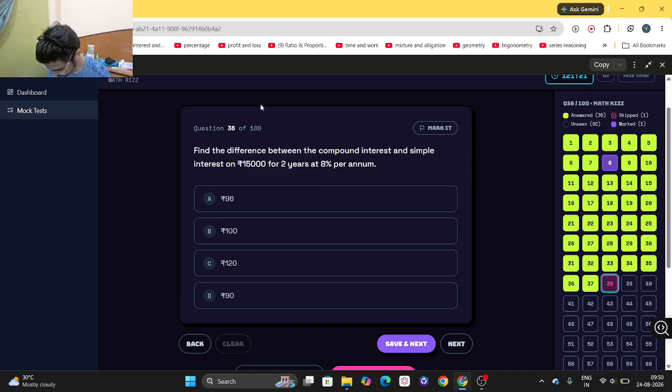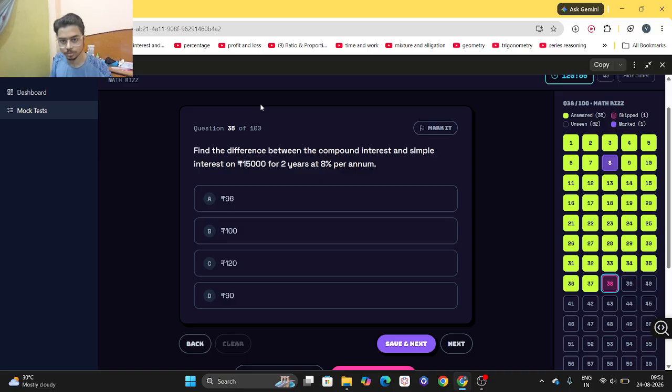104 upon 625 times 15,000. 25 into 6, 0, 0, 0 gives 24, so CI is equal to 24 into 104.